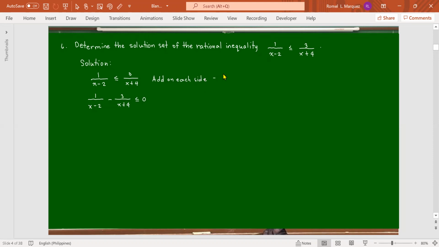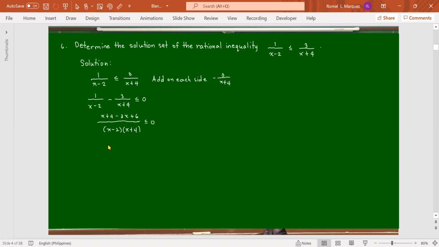Combining these two fractions, we get x plus 4 minus 3 times x minus 2, all over x minus 2 times x plus 4, less than or equal to 0.